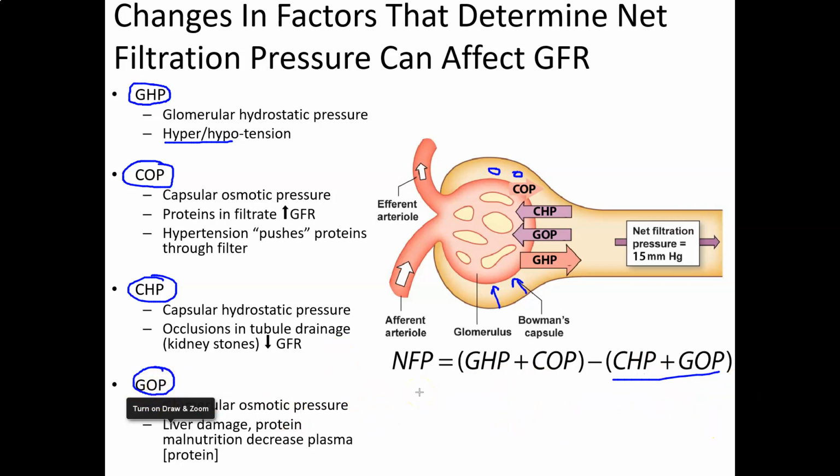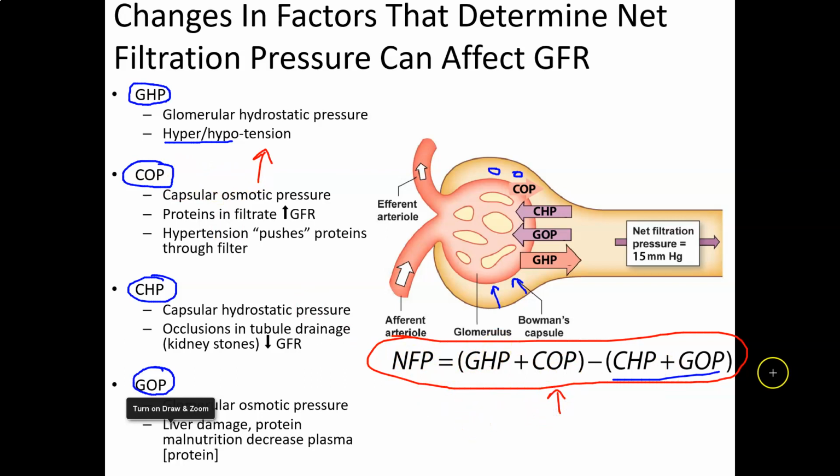You should memorize this equation. For lecture, you should be able to write this equation out and figure out what would happen if COP went up, with everything else staying the same. I come over here and look, and since I know this equation, COP is going to increase, everything else stays the same.